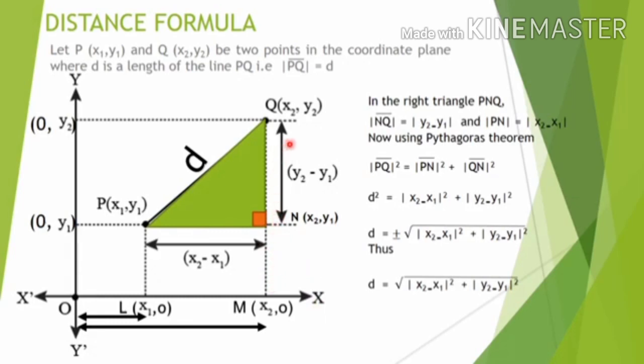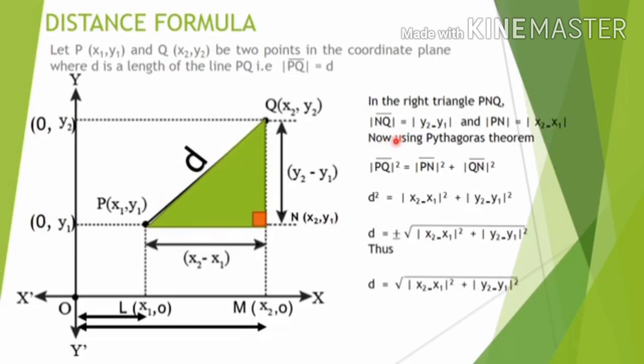Now students, do you remember that the side opposite to the right angle in a right angle triangle is called what? Hypotenuse. Here we have a right angle at point N in the triangle PNQ. So the side opposite to this right angle is PQ, and this would be the hypotenuse of this right angle triangle.